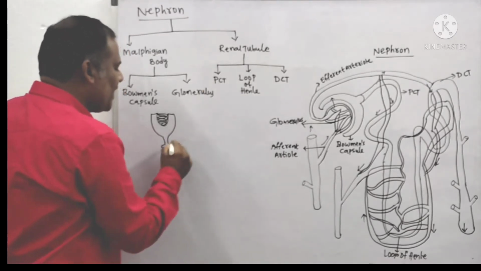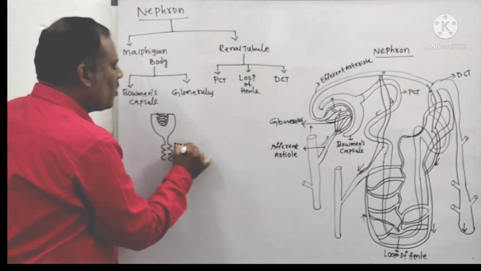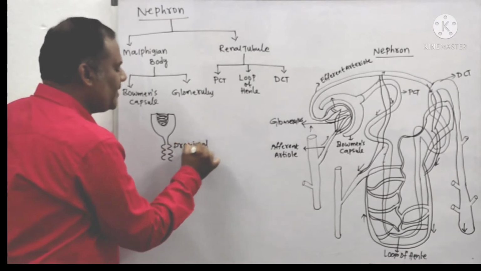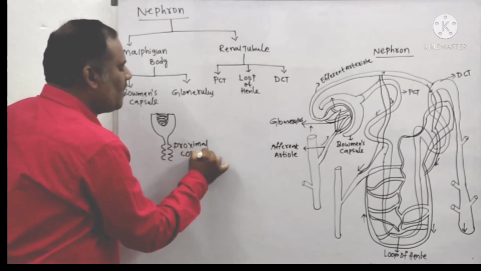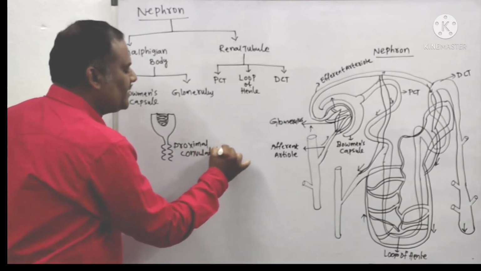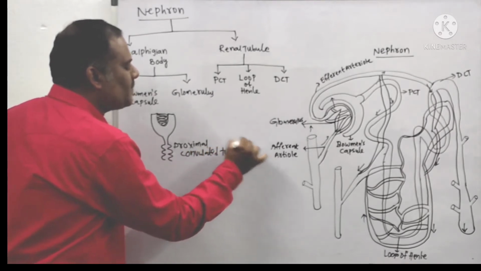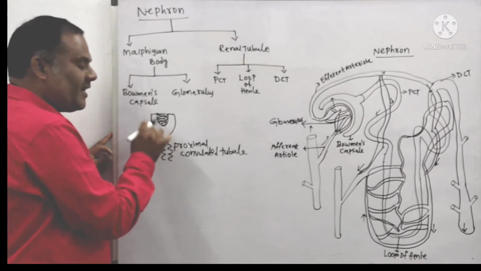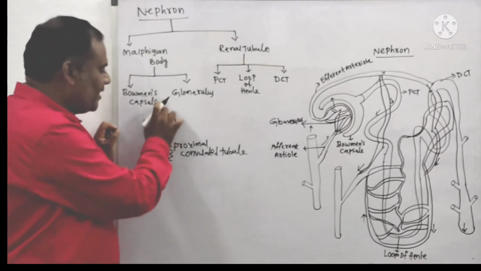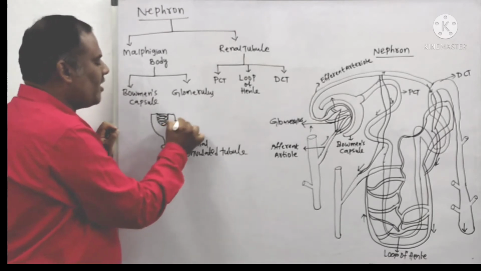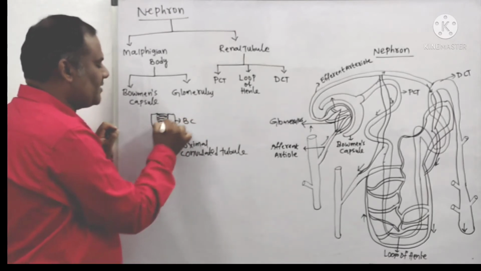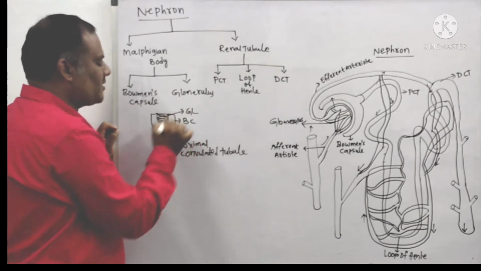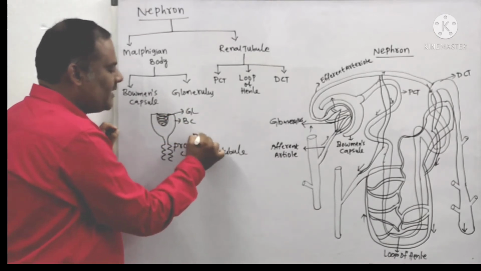So what does proximal mean? This is the proximal convoluted tubule, PCT. Proximal means the part that starts at the anterior region. This is the Malpighian body: this is the Bowman's capsule and this is the glomerulus.